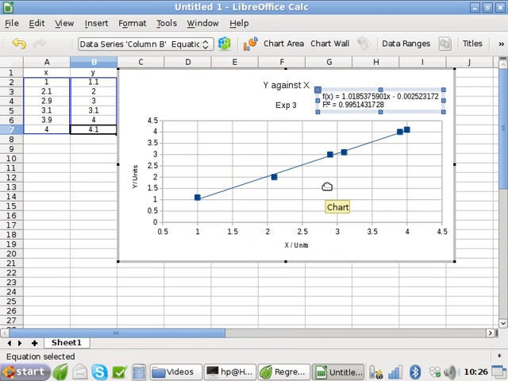Right. So what you have here, the first is the equation of the line. So you can actually see exactly what the slope is. What's the slope here? Can you look at this equation and tell me what the slope is?